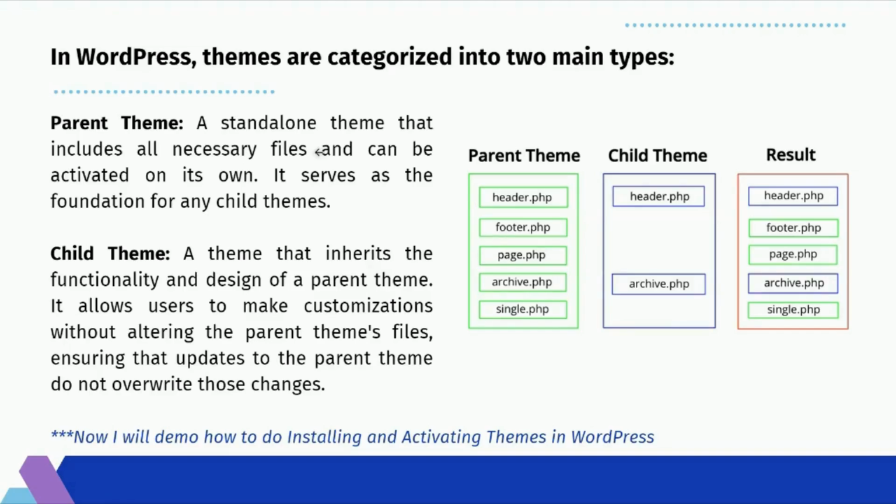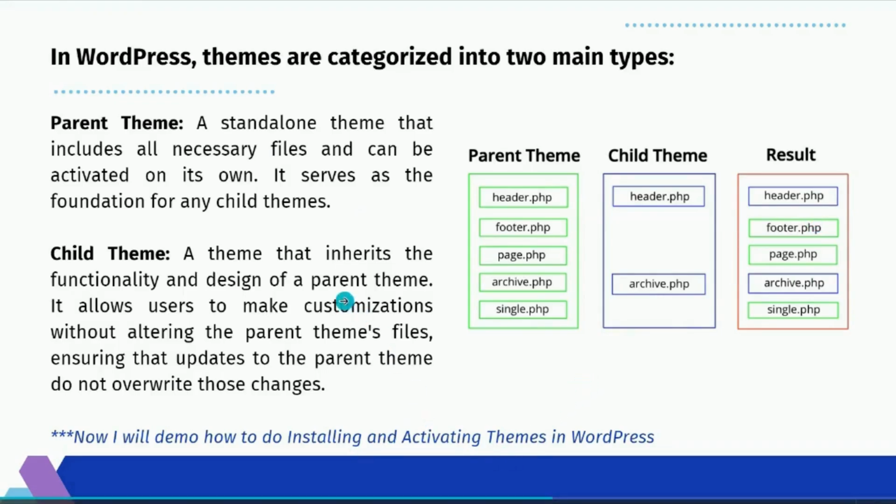You can see on the chart, we can override the file from the parent theme in the child theme. So the result is the same. But if we make changes on the child theme, the parent theme will not change. That's the changes we can make.